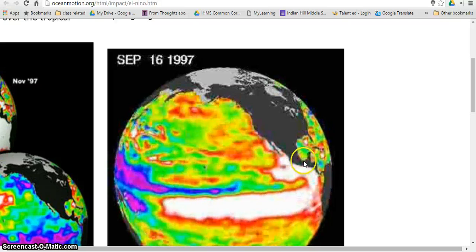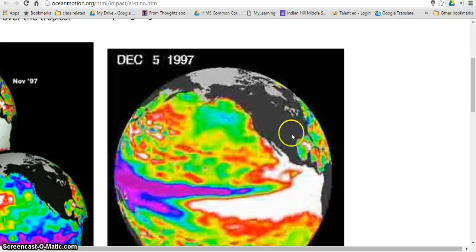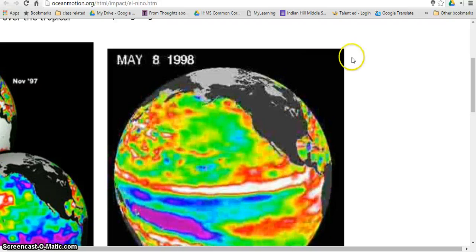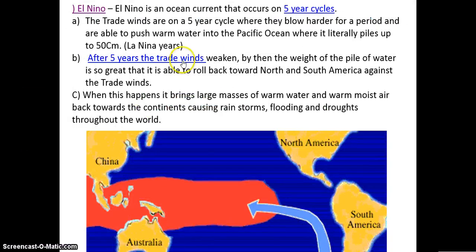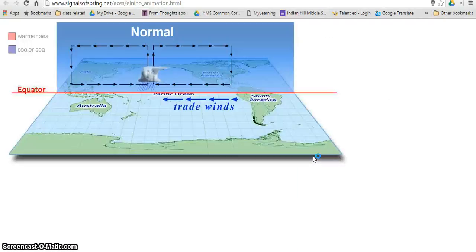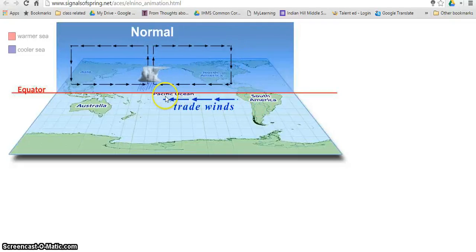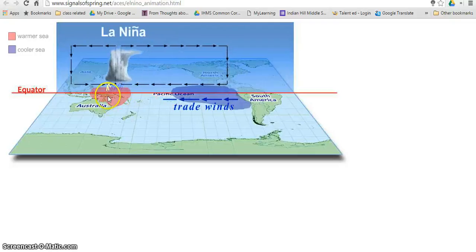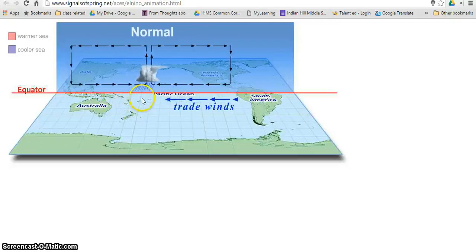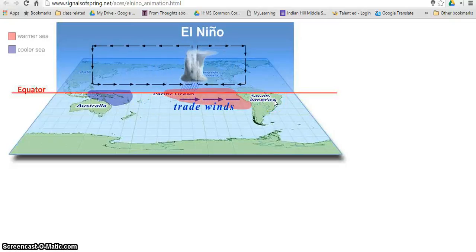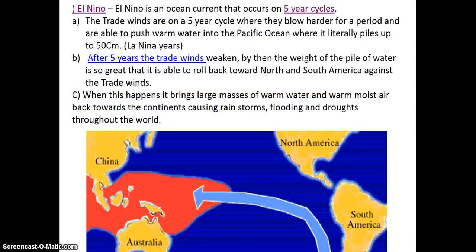And it brings all this warm water here that makes the air warmer through here and gives us warmer weather in the winter, kind of like we've had this year. Here's another example. You see El Nino coming in here, and it repeats itself. The winds blow it back this way, and that warm water builds up out here in the Pacific, then it rolls this way towards South America, bringing all that warm, wet weather to us.